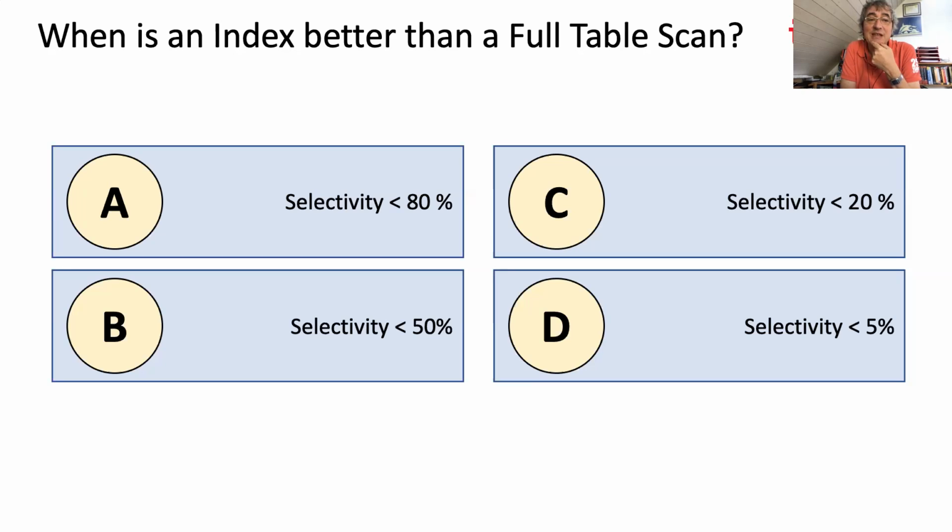Many people think the typical answer, the first answer that comes from the audience, is usually 50%. So that would be answer B, but I don't know whether you already decided. In this case, D is more or less the selectivity. So if we have less than 5% of the data, sometimes it's 10%, sometimes it's 3%. It also depends on the data types and the size of the table, configuration, and so on.